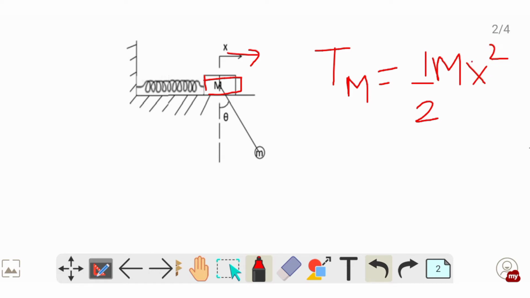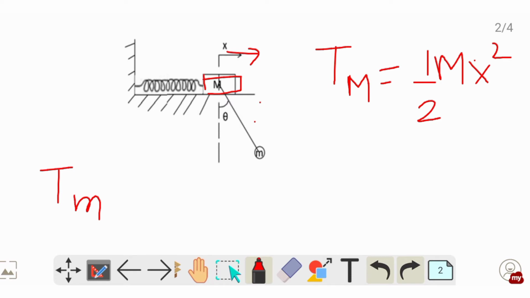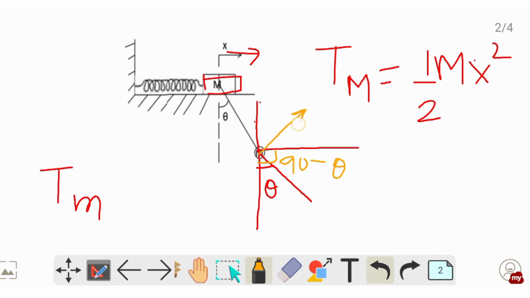And second, we are left with the kinetic energy for the small mass m. Let's find out Tm. So this angle is also theta, and we know that this angle is 90 degrees, so this angle is 90 minus theta. Now the velocity is perpendicular to this length, so this angle is 90 degrees.